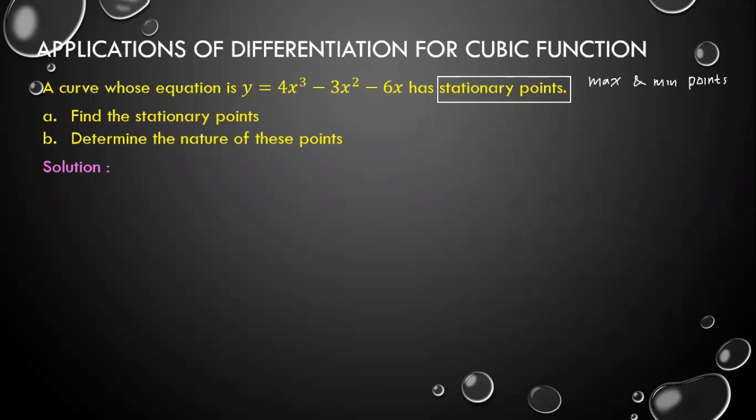That's very easy, everyone. Okay, students, now we go to the solution of this question. Stationary points will be satisfied by y prime equals 0, or dy over dx equals 0 for the first derivative.